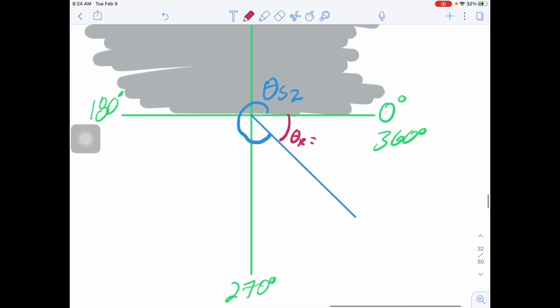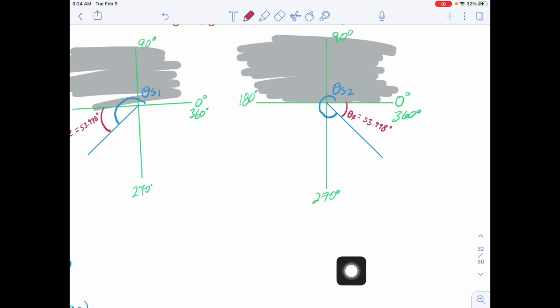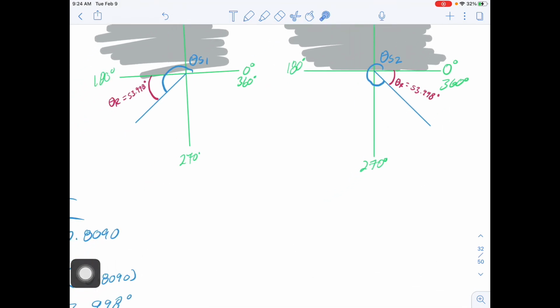Reference angles are a very powerful thing, and from there, we can actually solve for our solutions. So we can solve for the standard angles here.